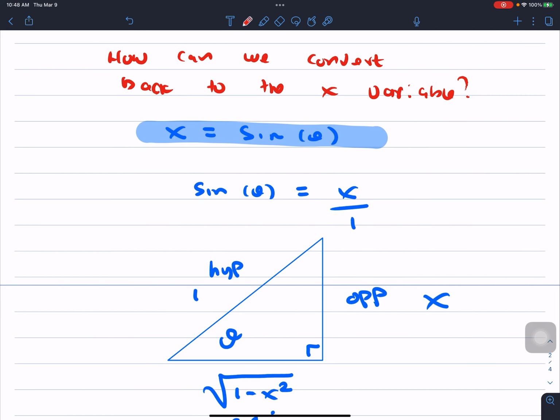Well, go back over here. Sine theta is x. Is that true? What is theta? If sine theta is x, what is theta? Anybody know? Inverse sine of x.